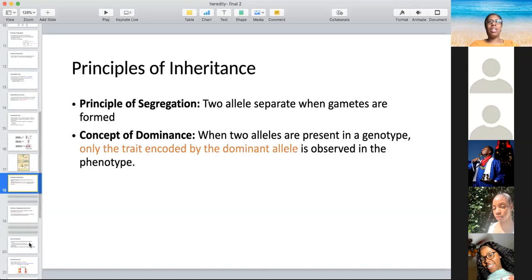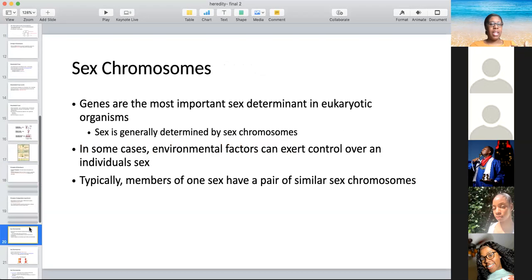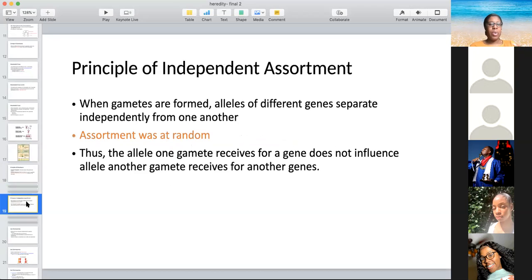We talked a little bit in our last unit about crossing over and how different combinations of sister chromatids and chromosomes are distributed during meiosis, during reproduction, in a very random fashion. So the principle of independent assortment tells us that when gametes are formed during meiosis, the production of those sex cells, the process of crossing over and the distribution of those chromosomes happen at random.